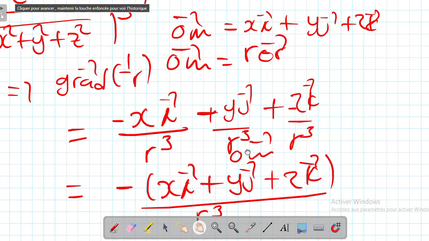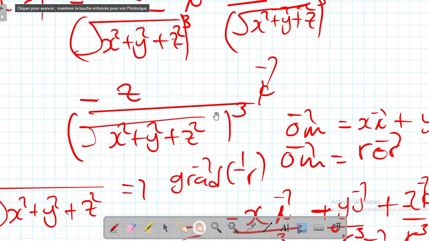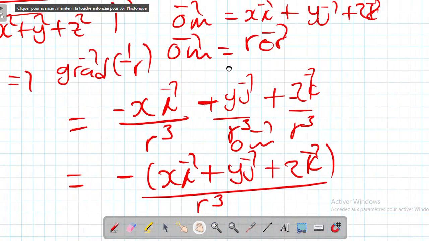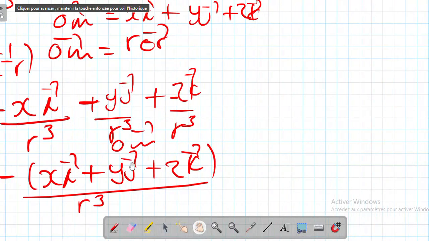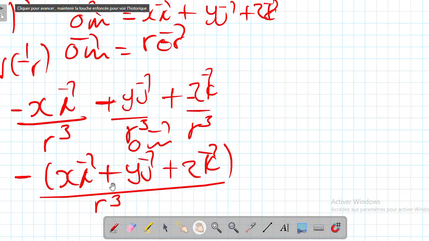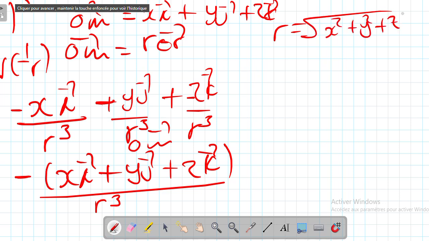If I tell you to find in the base Cartesian, you just end it here. Now I'm trying to show you why this will give us the same answer. When you're trying to convert it, you just identify the parameters that are equal. For example, saying r is equal to the root of x squared plus y squared plus z squared, then also identifying that this is OM when you simplify. The other things is just mathematics. So OM is r ER over r3. There's a negative here because there's a negative here.